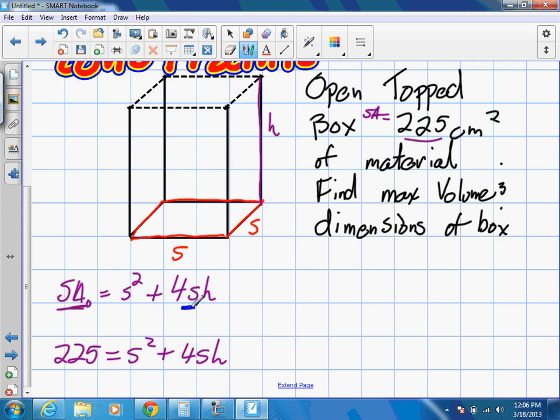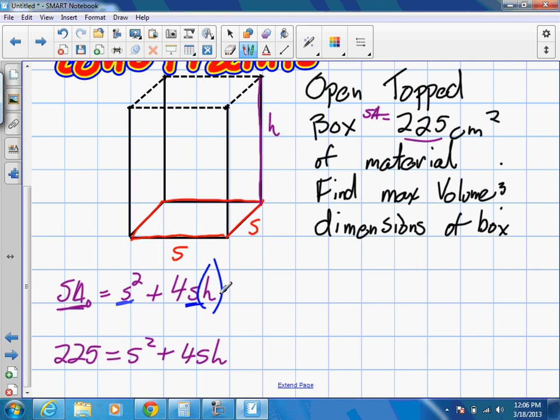We have a side and a height. In order to do this, we'll have to isolate one of the variables, and we're going to have to use trial and error. We're going to plug in numbers for that variable to find out which will give us the max volume.